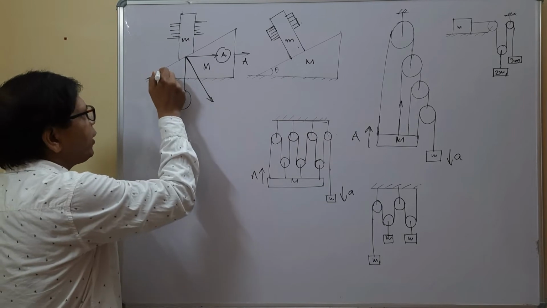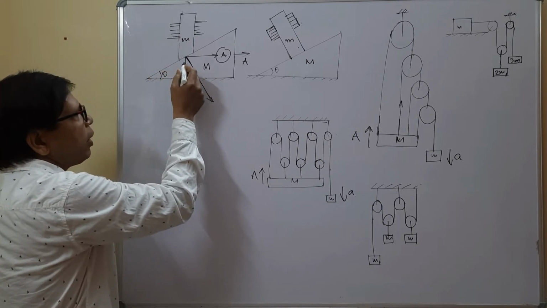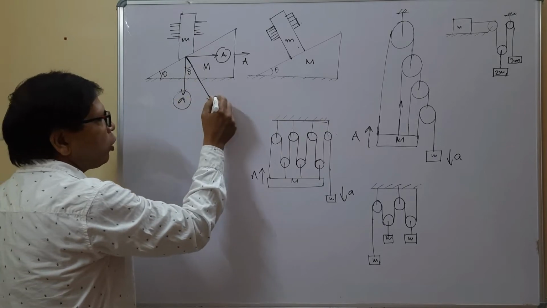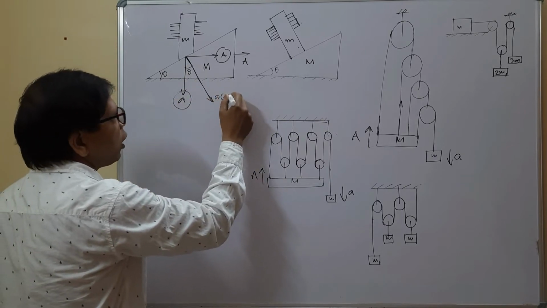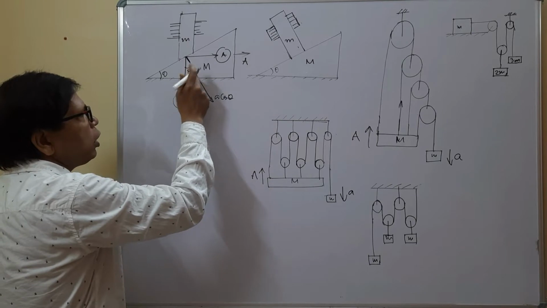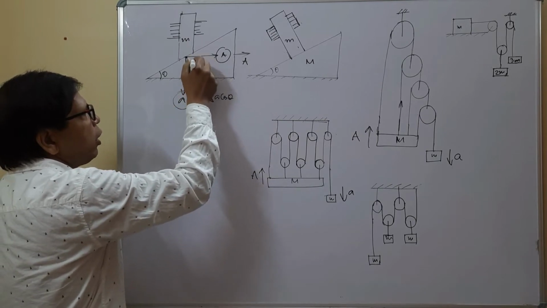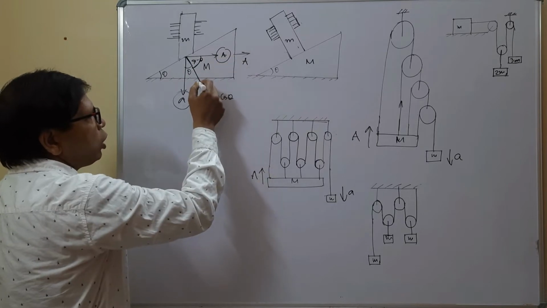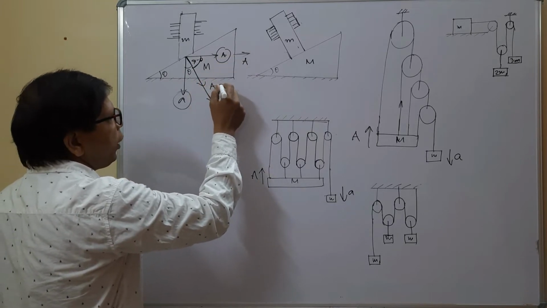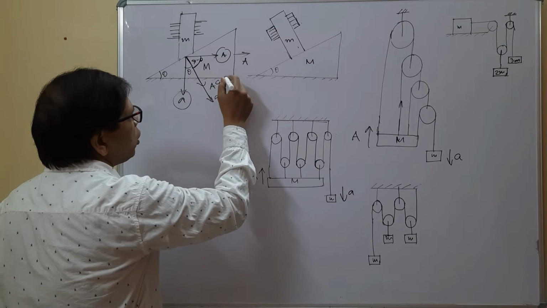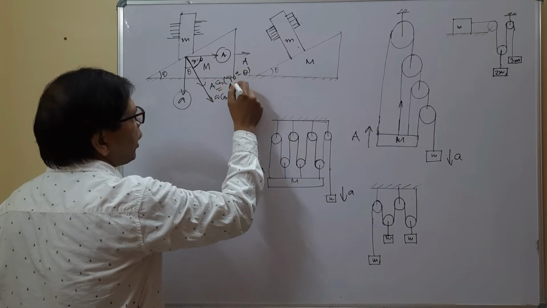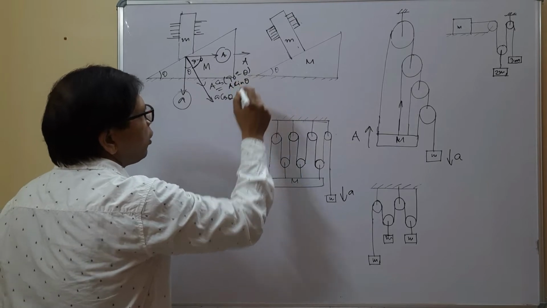Now look at this angle theta, this is 90 minus theta, so obviously this is theta. So the component of A along this direction is A cos theta. Look at this, if this is theta, so this is 90 minus theta. If this is 90 minus theta, so the component of A along this direction, look at this, is A cos(90 degrees minus theta). So this is A sin theta. Okay.